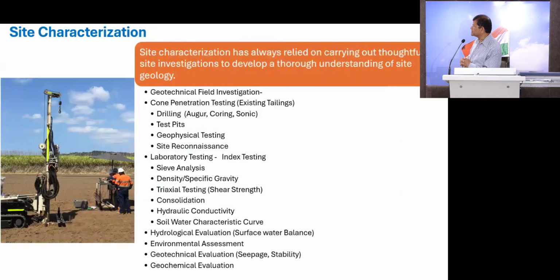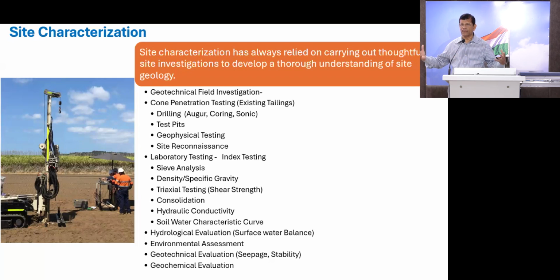Then comes the site characterization. This site characterization is a continuous process. Definitely when we start a tailings dam, like putting in a starter dam, we need to make sure that our foundation is stable.